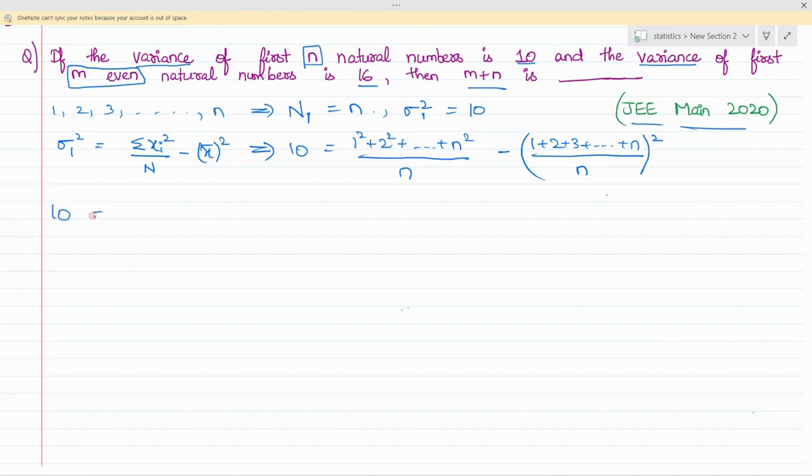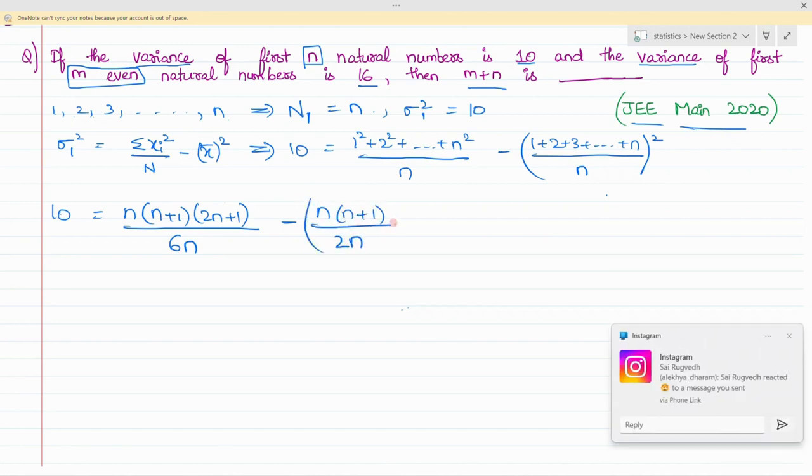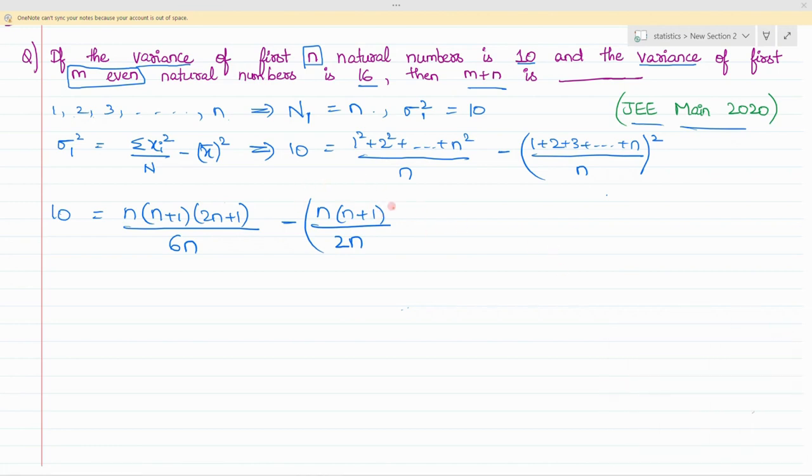So 10 is equal to sum of squares of n natural numbers, for which we have a formula: n into n plus 1 into 2n plus 1 by 6, and n is already present in the denominator, minus sum of n natural numbers, that is n into n plus 1 by 2, and n is already present. So this n gets cancelled and this n gets cancelled.